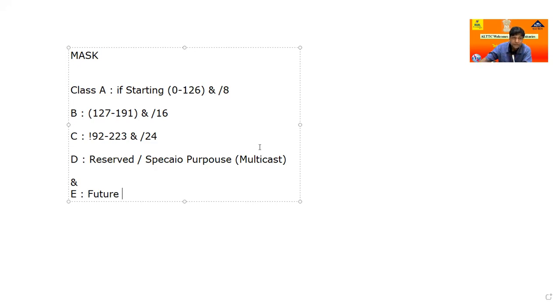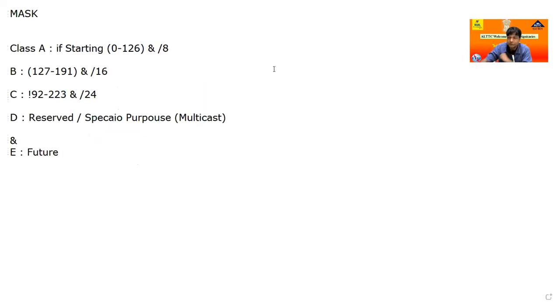Okay, so this is a very simple definition of class A, B, C, D. On your screen I write some questions, so it is easy to identify what I ask. Here I give some options for you. Option A: 10.0.0.5/16. Option B: 129.15.16.16/16.